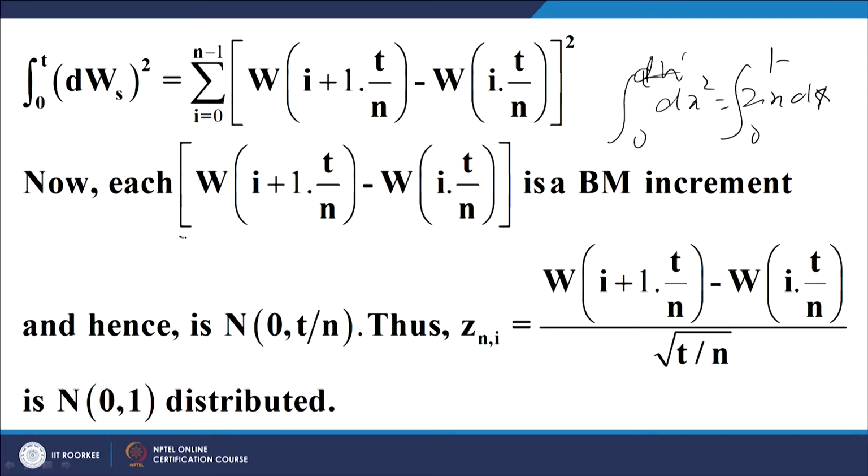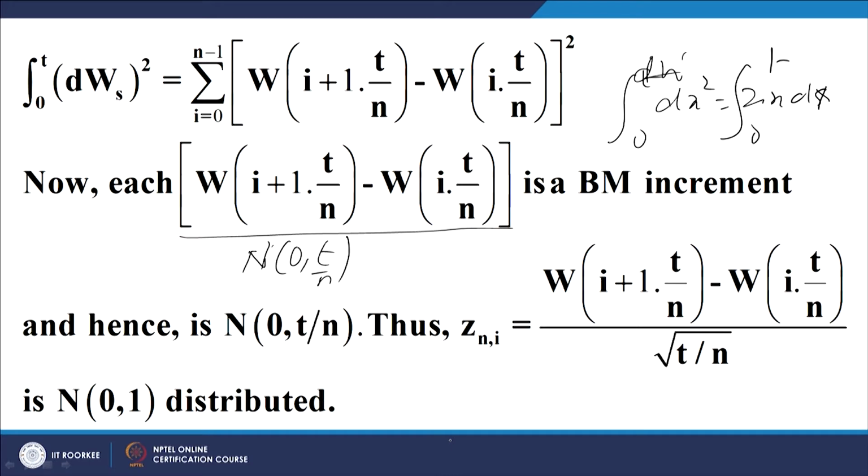This expression, all of us know, is a normal variate with a mean of 0 and a variance of t upon n, because the difference between the time points is t upon n. Each of these increments, without the square, is distributed as N(0, t/n).